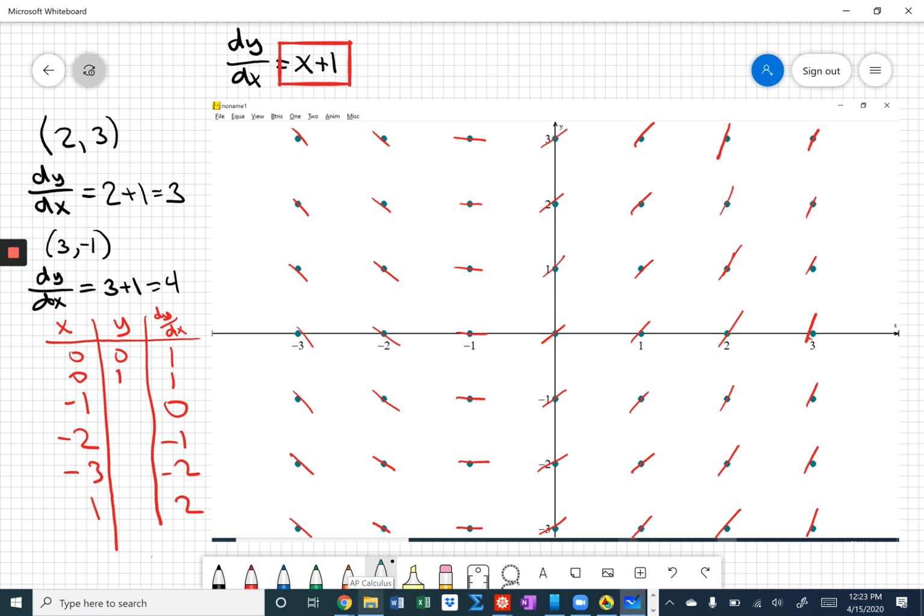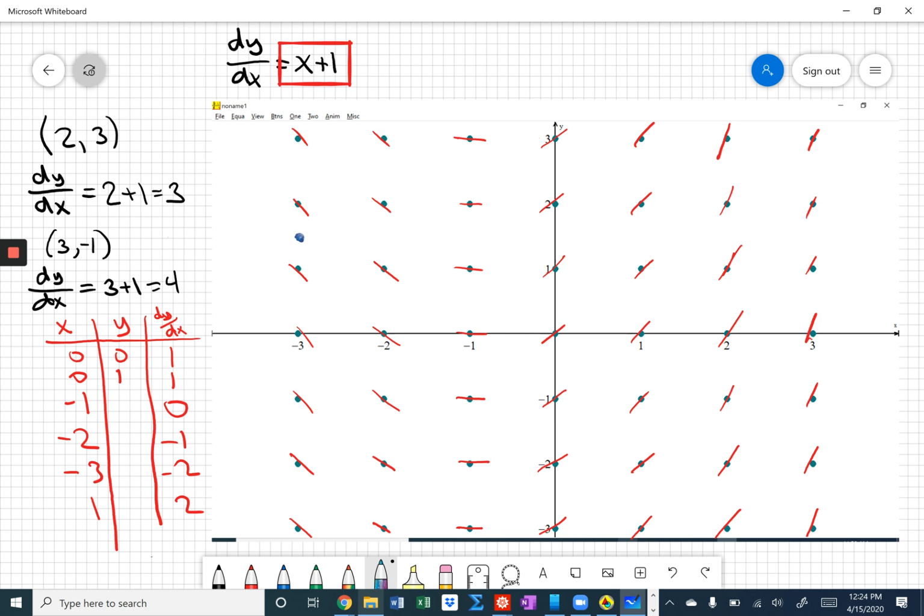Let's use one of these fancy colors here. If I was to start at a point right here, in the column where x equals -3, and y is equal to about -1.5, I want to draw what a solution curve would look like that would hit that point, okay?